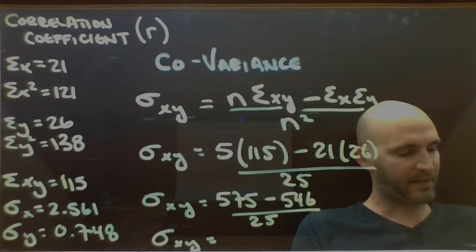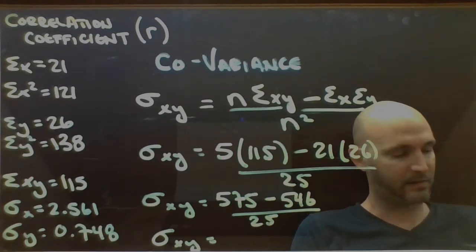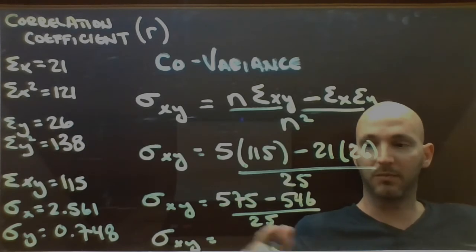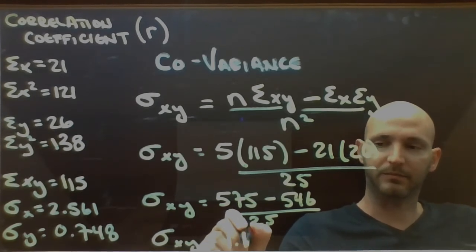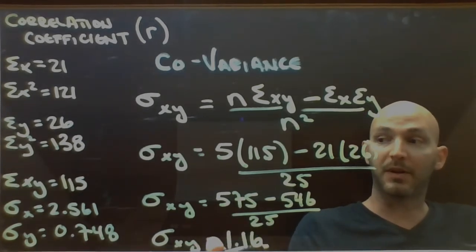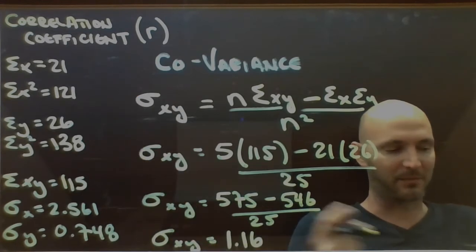So 575 minus 546 is 29, divided by 25 gives me 1.16. There's another number I'm going to add to my list here.